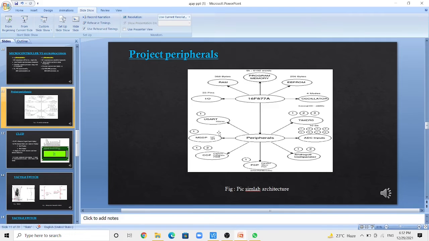These are all the things which we require to design a microwave oven.